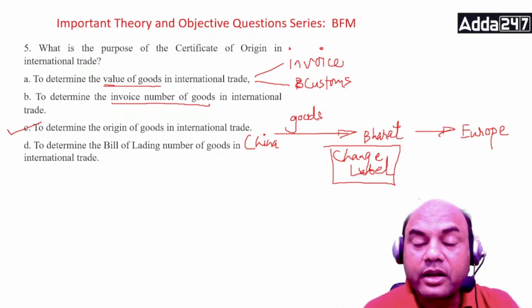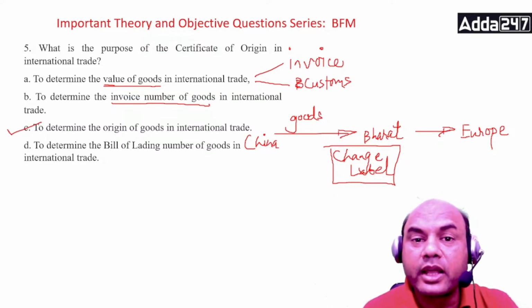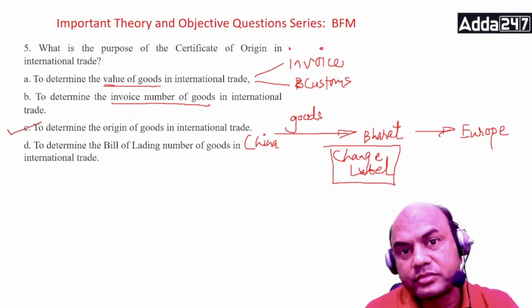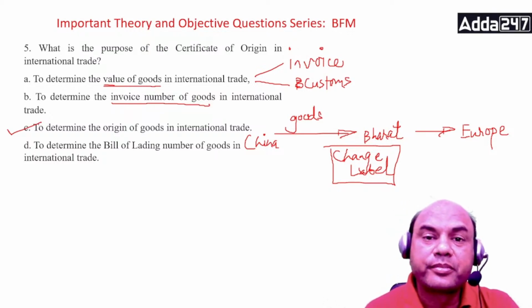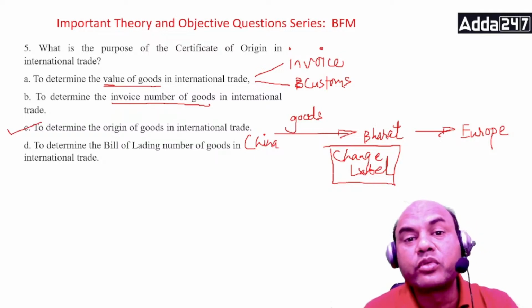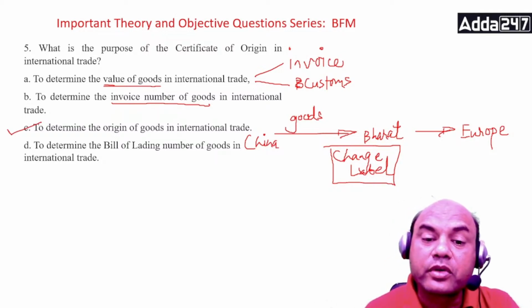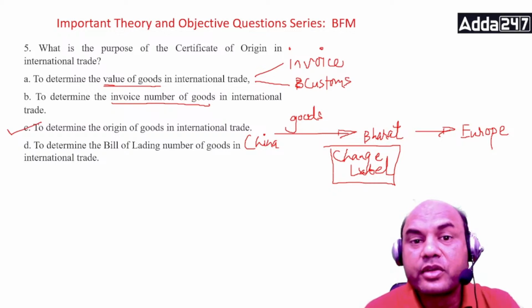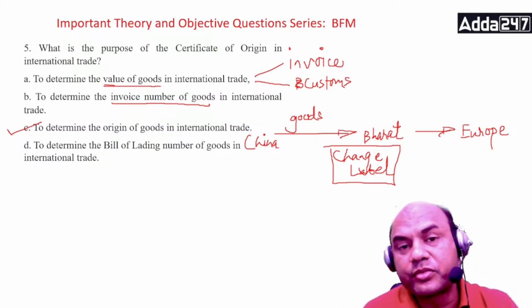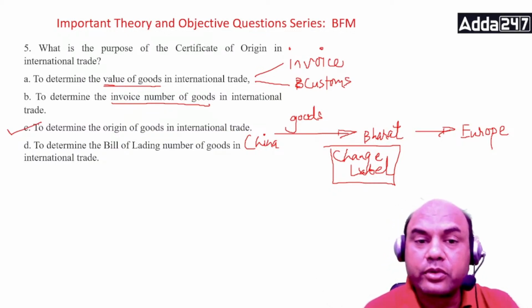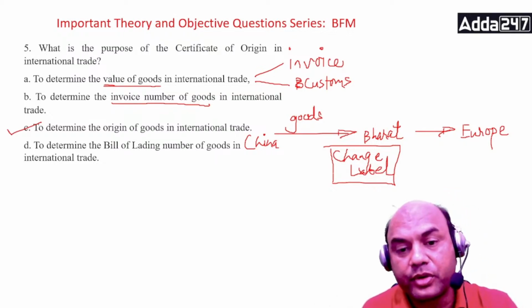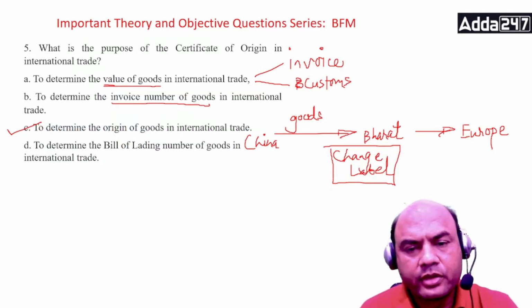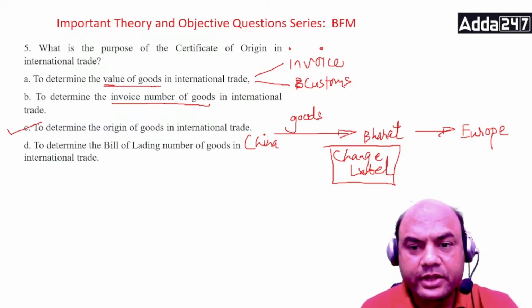So in international trade, many countries say we don't want any goods from Iran or North Korea. Similarly, some countries don't want goods from China because of the quality. That's why the country of origin of the goods should be known, and that is the basic purpose of COO, certificate of origin. Got it? Shall we move on to the next one?